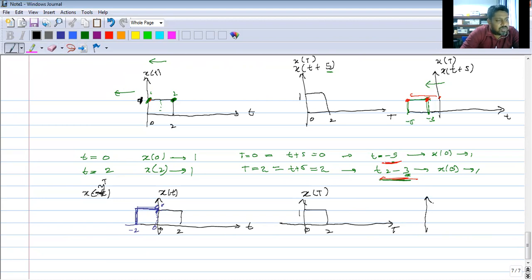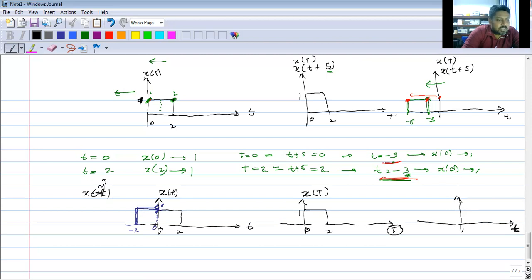But now I want to draw this x(T) with respect to simple t, not with respect to capital T, but with respect to simple t.